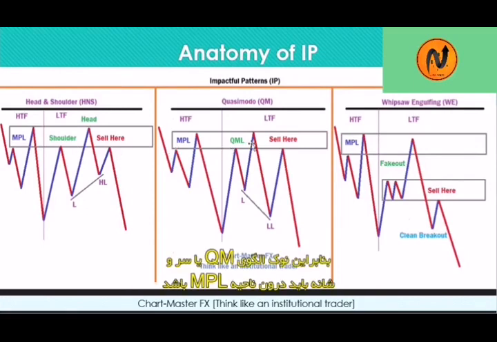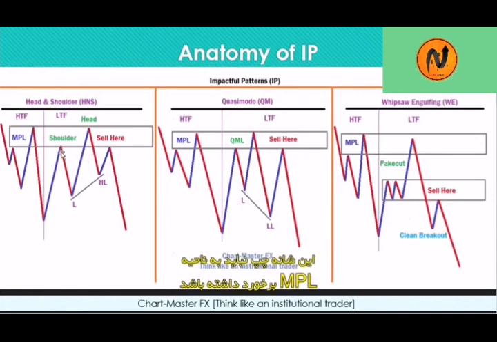It will have violated the terms of the impactful patterns. So guys, the head of the Quasimodo or the head of the head and shoulder should formulate inside the MPL. And for you to get higher probability trades, this shoulder should not touch the MPL. But even if it touches the MPL, it doesn't matter, guys.